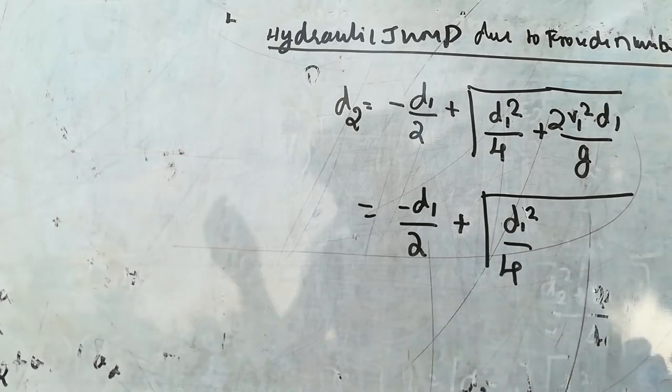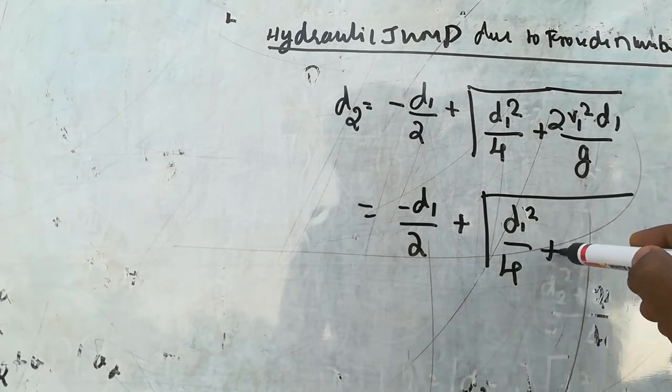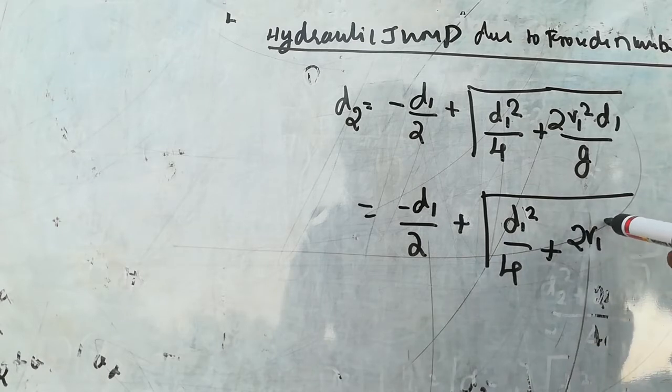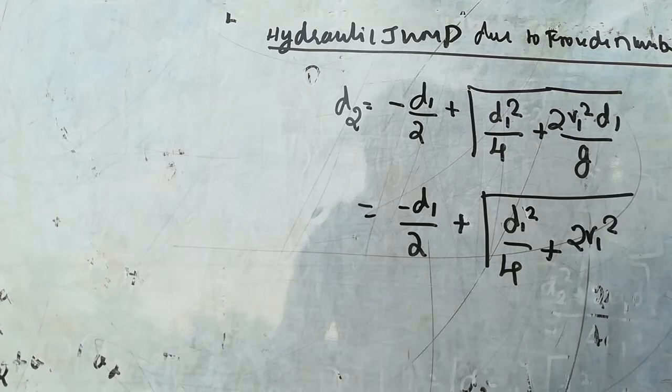Here I want the d1 square by 4 on both sides. So how can I bring it here? Plus 2 v1 square, here multiply and divide by d1.